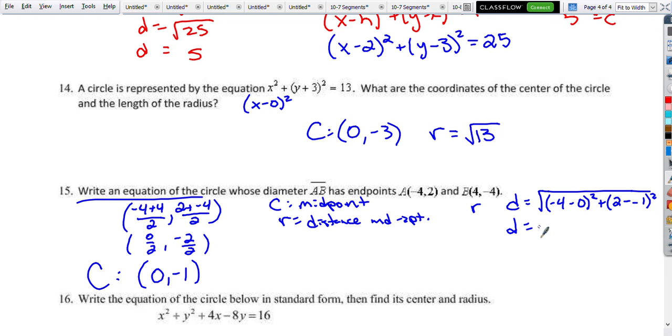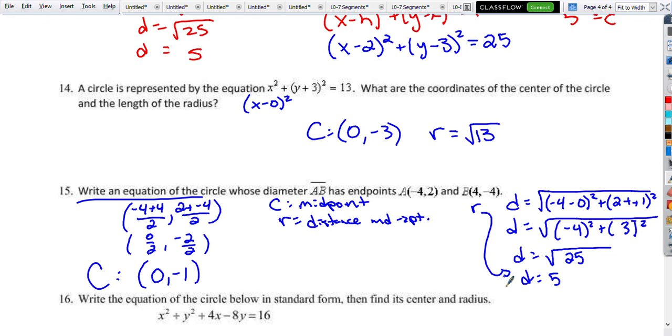The distance is equal to, oh, I already see what it's going to be. Negative 4 squared plus the positive 3 squared. So this is, once again, 25, and my distance is 5, and that's my radius.